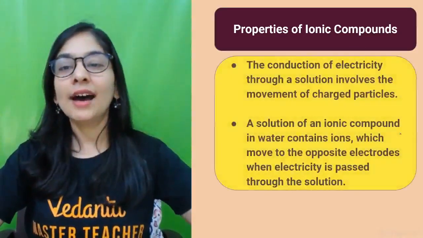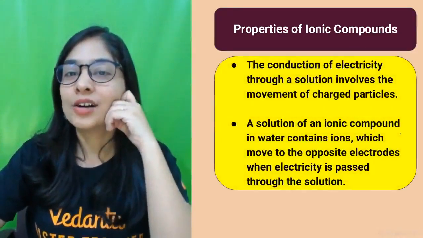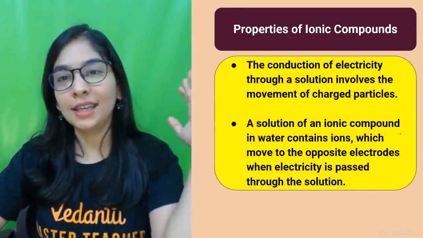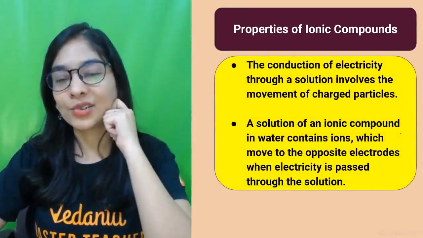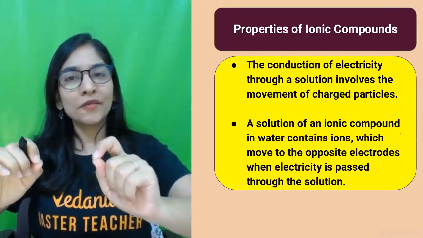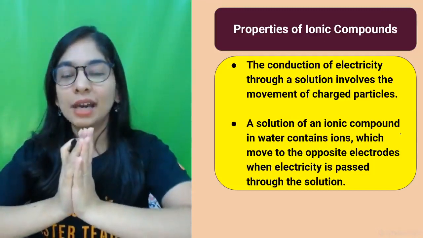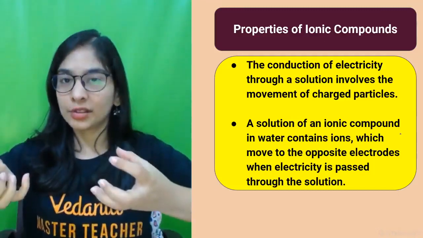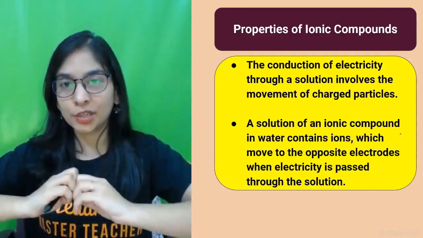Got it? Now it is time to learn about electricity, whether they can conduct electricity or not. You are aware of this fact that electricity can be conducted if you have opposite ions, right? Free ions, first of all.